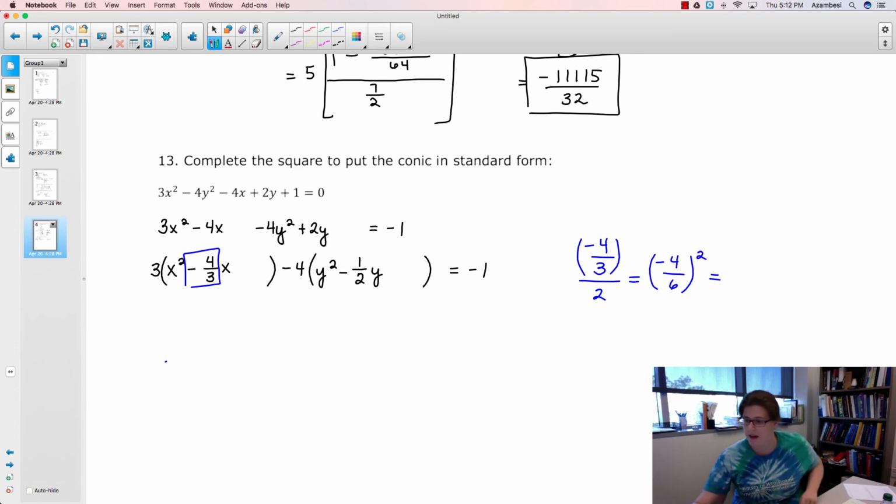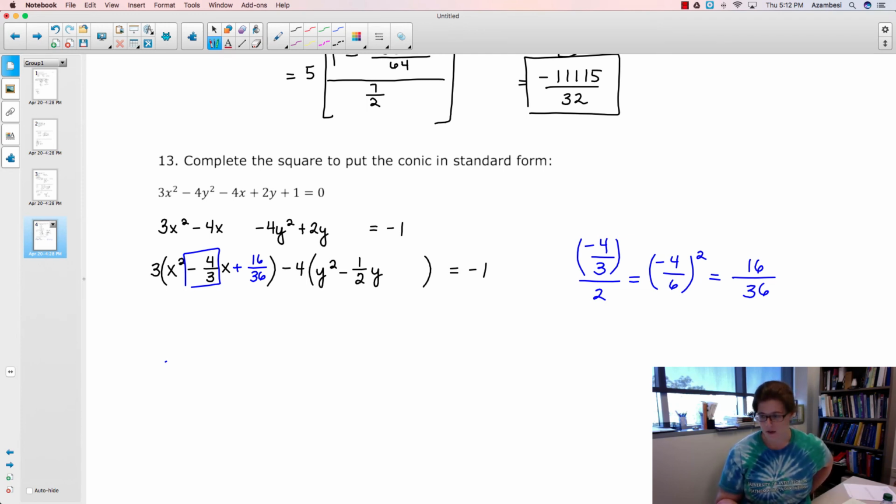So squaring that, 4 squared gives me 16, 36 on the bottom. It's positive because it's negative being squared. So I end up with plus 16/36. I didn't simplify it yet. I probably will, but I didn't yet.